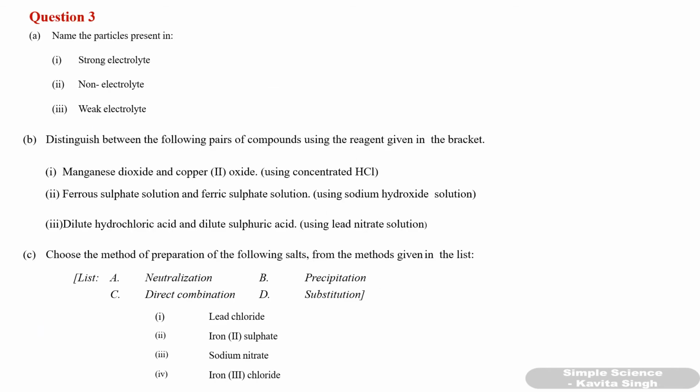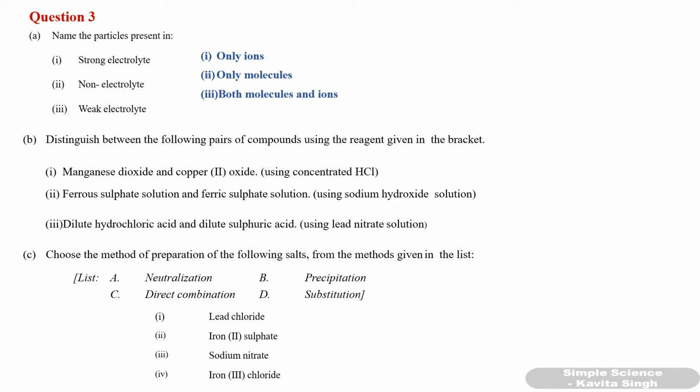Next, question number 3. Name the particles present in strong electrolyte, non-electrolyte and weak electrolyte. Strong electrolytes contain only ions. Non-electrolytes contain molecules, and weak electrolytes contain both molecules and ions.